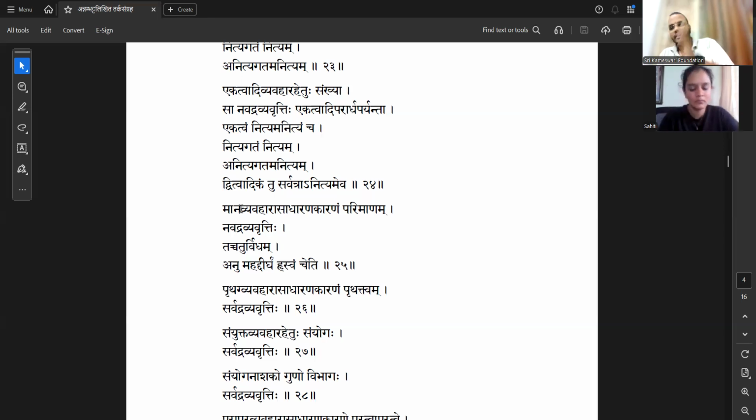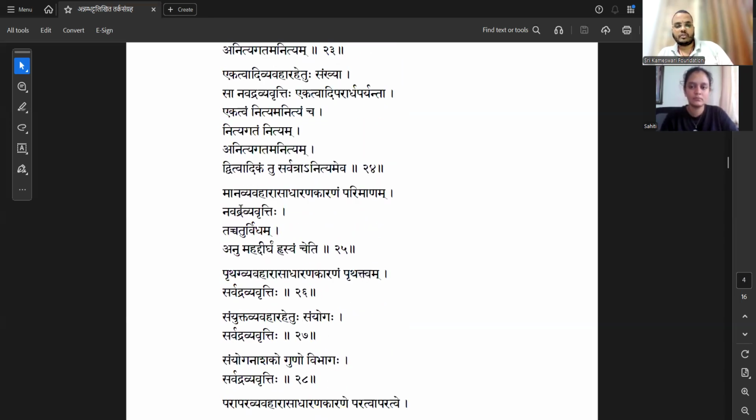You cannot show the color and cloth separately, but their existence is independent, right? This idea is called pruthaktva. And pruthaktvam is also in all the 9 dravyas.